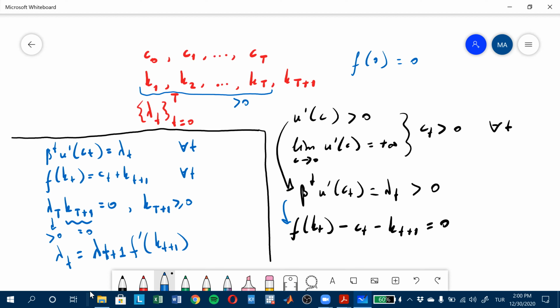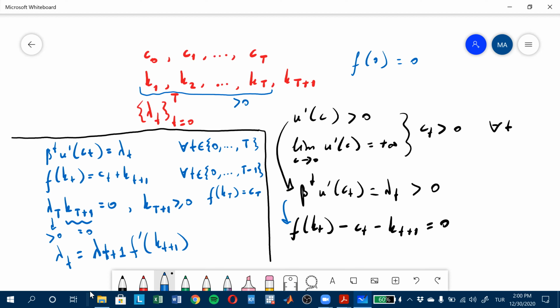So if we count the equations, obviously this one is starting from 0 and going to T, right? This one is also starting from 0 and going to T minus 1. At the very end, we have F(K_T) equals C_T, right?